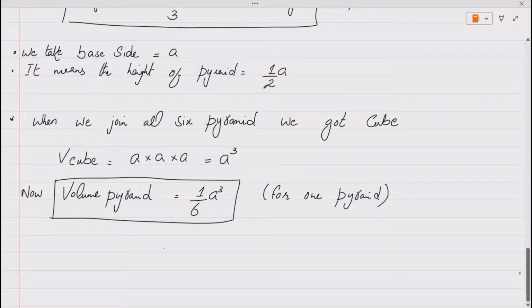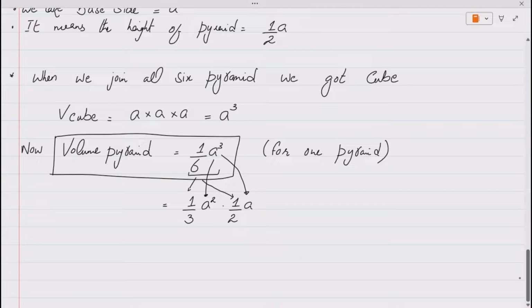So you can write this 1 upon 6 A cube like this: 1 upon 3 A square into 1 upon 2 A, right? So this is the separation of this term. What I did, 1 upon 6, I wrote as 1 upon 3 and 1 upon 2. And for the A cube, I made A square and A. So when you multiply all these, you get 1 upon 6 A cube back.